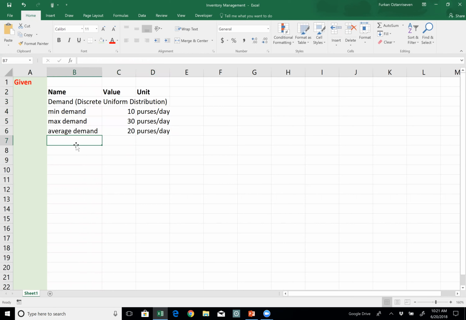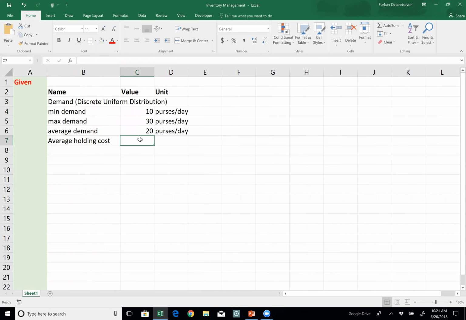So another important thing in this inventory model is to know the average holding cost. Okay. So the average holding cost is given as $100 per purse per year.